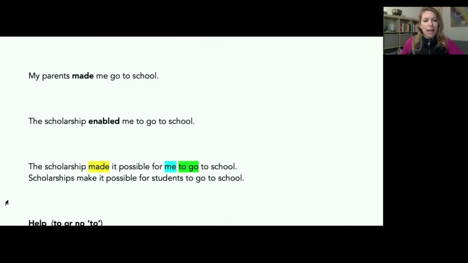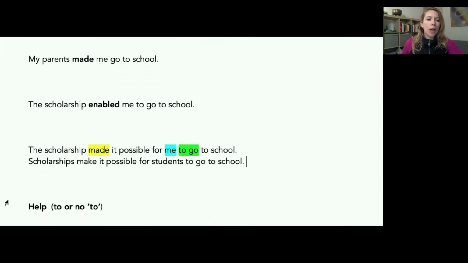Okay, let's go on to another interesting causative verb, which is help. And notice here my note, it says "to" or no "to." So this is interesting because help is the verb that you could use "to," or you don't have to use "to." It doesn't matter. It's still the same meaning, and it just will take a "to" or not.